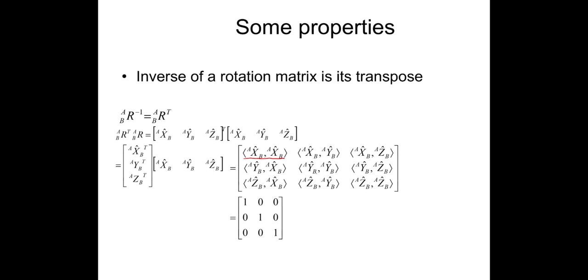Here I have 0, 0, and here these two are the same, so we have 1, 1, and all the other terms are 0. Okay, so it means that the transpose and the original matrix, when multiplied, equal the unit matrix, so it also means that this is the inverse.